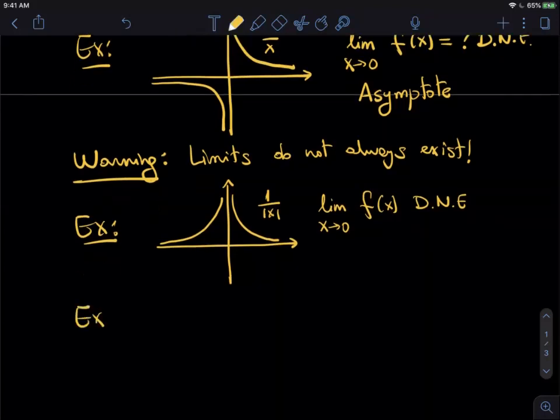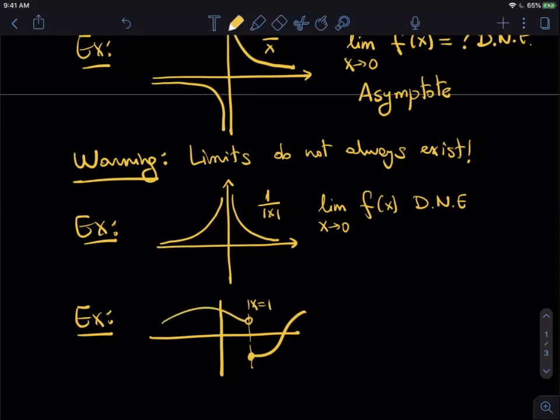We could also do something more innocent. Maybe I have a function, let's say here x equals 1, and I have a function that comes like this from the right, and then somehow there is a jump, and the function goes like this. Let's say here we have -1, and here we have 1/2.